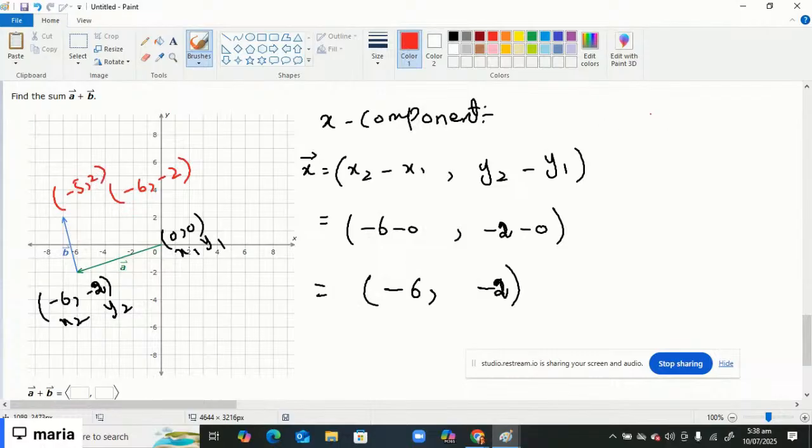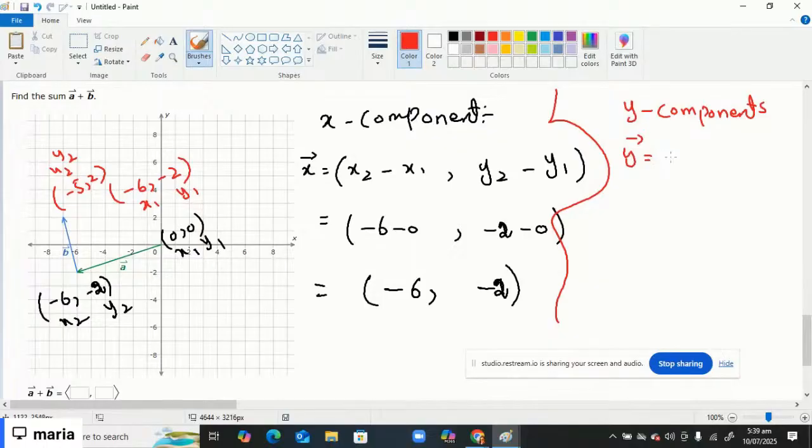Okay, this is your x1 y1, x2 y2. So for the y component, x2 minus x1, y2 minus y1.